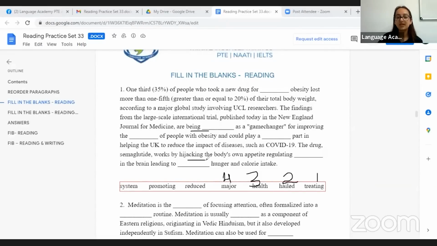So what does it hijack? Basically, it's the system in the brain, leading to reduced hunger and calorie intake. So leading to reduced hunger only, then they can lose weight. If it will promote hunger, they will gain weight. So easy enough. Any doubts, anybody? No questions?